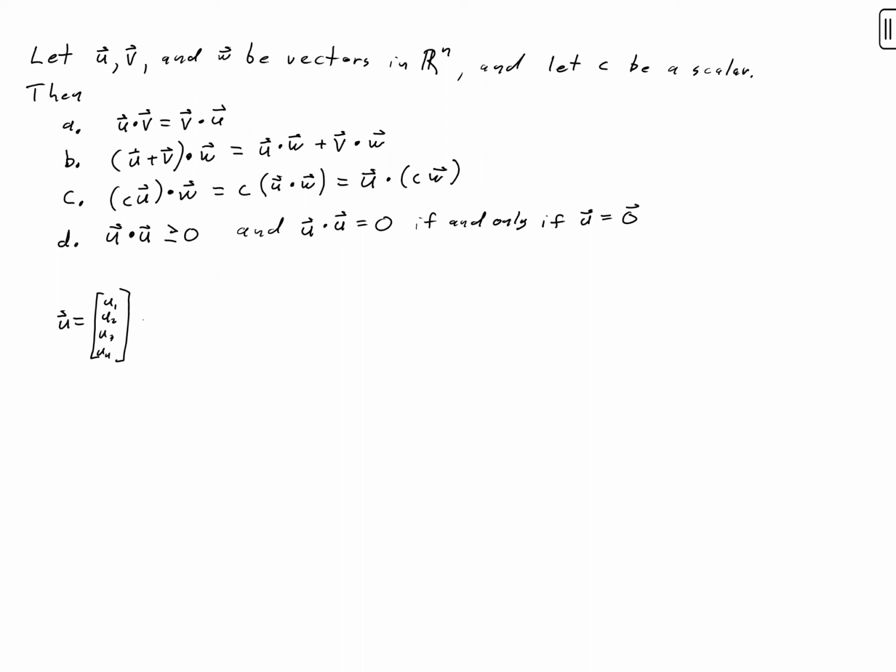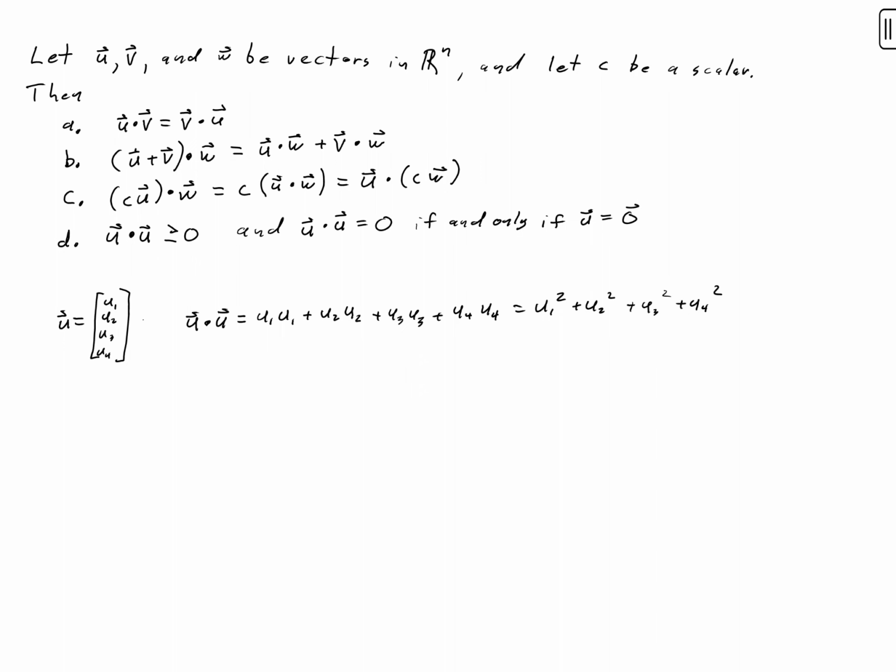If that's my u, then u dot u is equal to u1 u1 plus u2 u2 plus u3 u3 plus u4 u4. But that's just equal to u1 squared plus u2 squared plus u3 squared plus u4 squared.